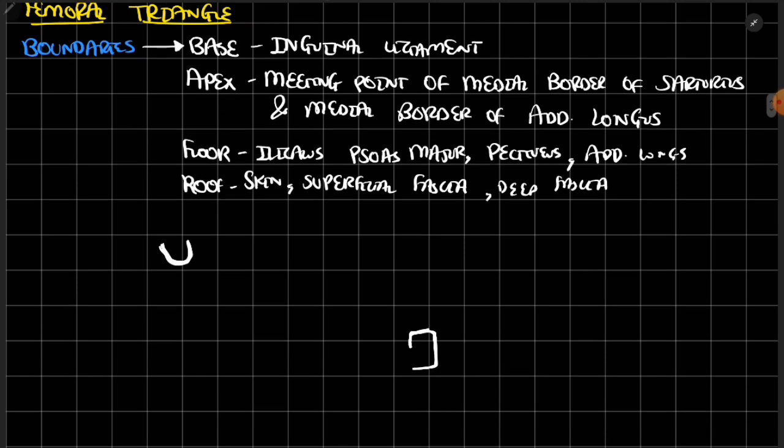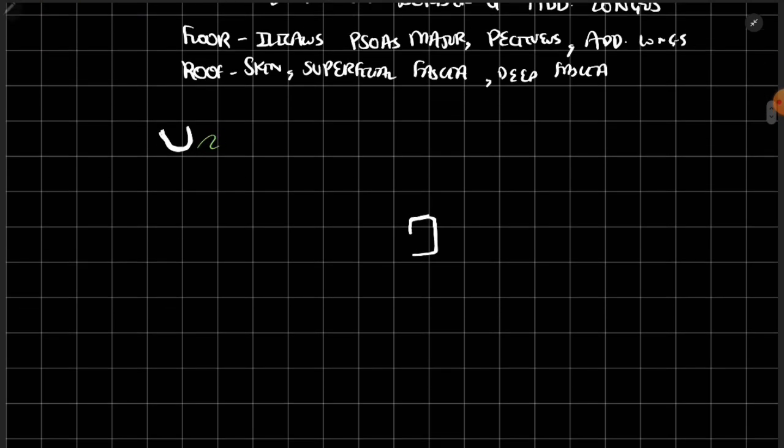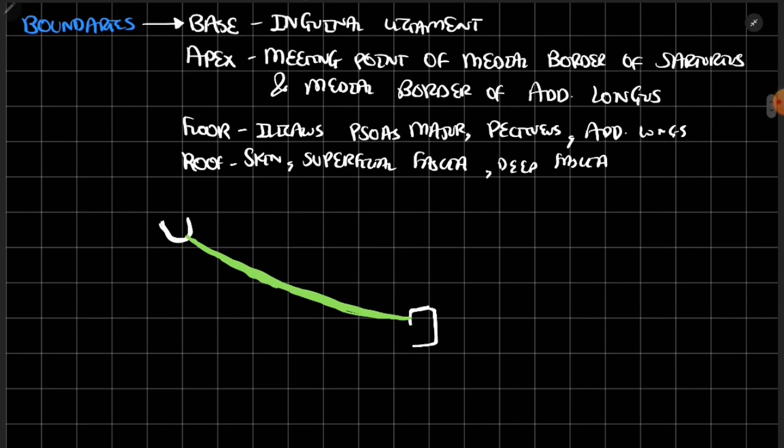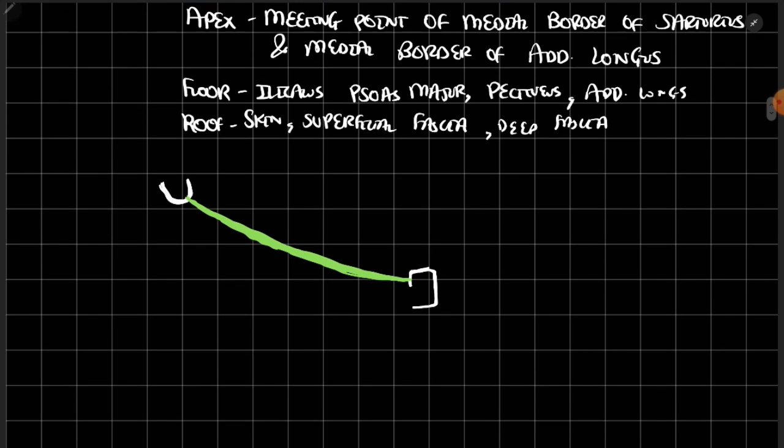The inguinal ligament extends from the anterior superior iliac spine to the pubic tubercle. Okay, basically like this. Now we have formed the base, so the base is done. Then the apex.